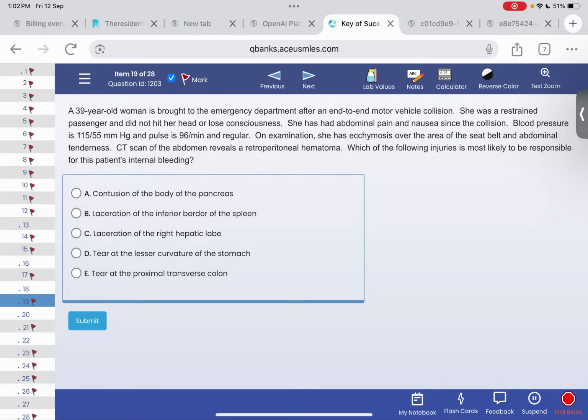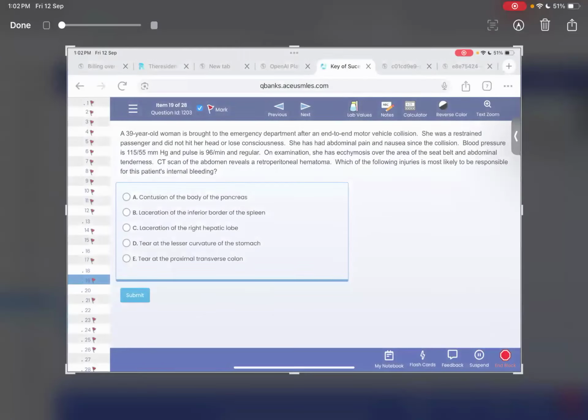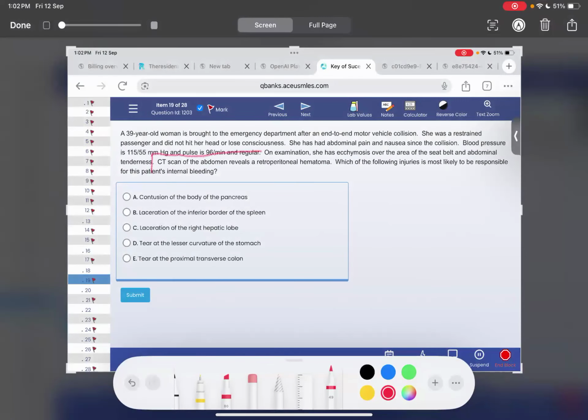So which of the following injuries is most likely to be responsible for this patient's internal bleeding? The point to be noted here is the retroperitoneal hematoma.